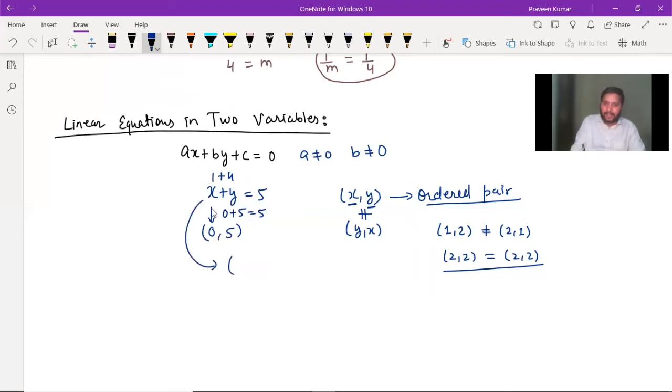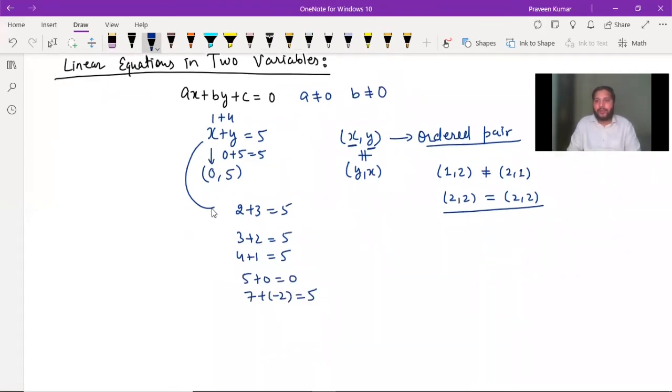Like 2 plus 3 is equal to 5. 3 plus 2 is equal to 5. 4 plus 1 is equal to 5. 5 plus 0 is equal to 5. 7 plus minus 2 is equal to 5. So how many such ordered pairs will be there? There are infinitely many such ordered pairs.